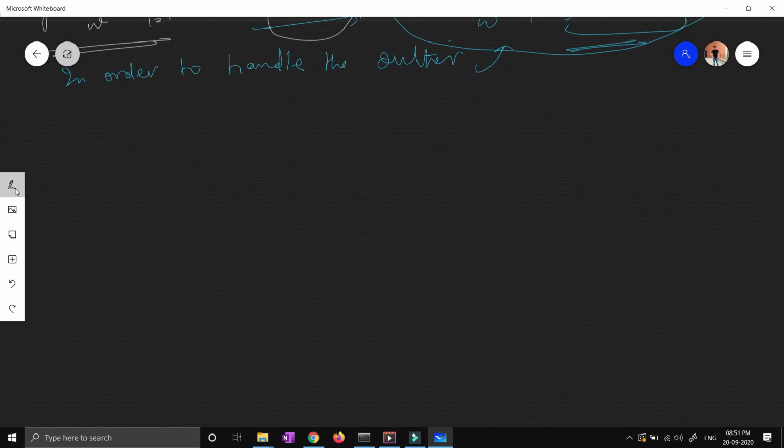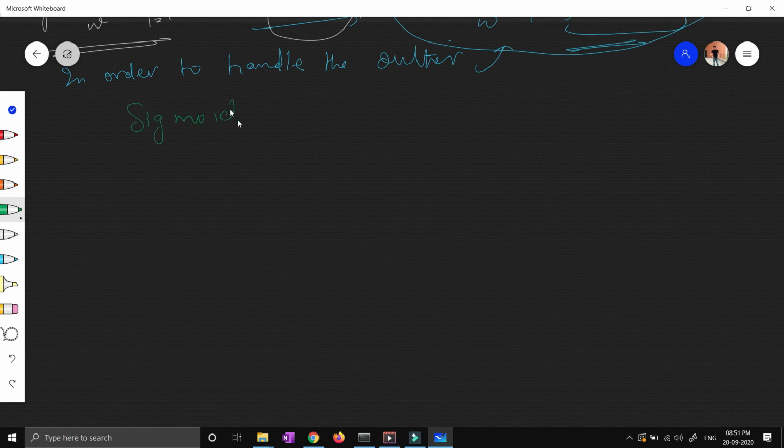All right, so now in order to achieve this particular squashing, we have one most fundamental function available in mathematics. We call it a sigmoid function.